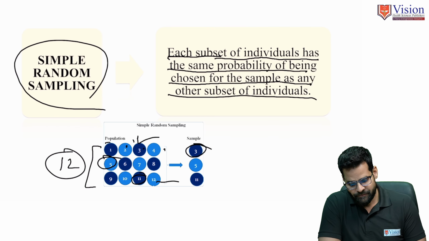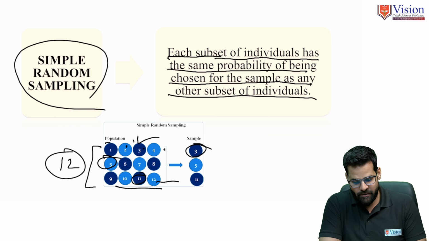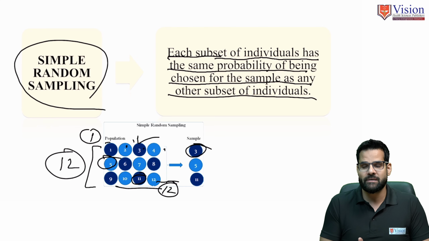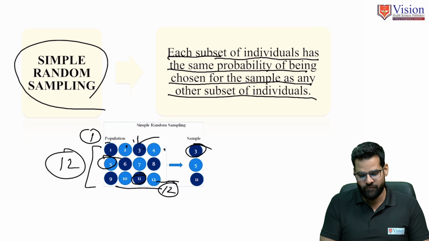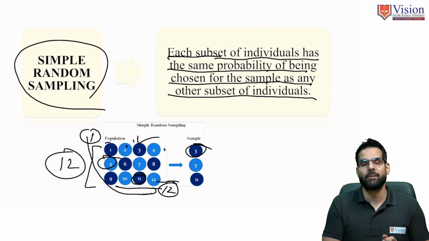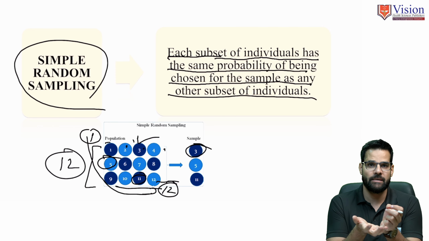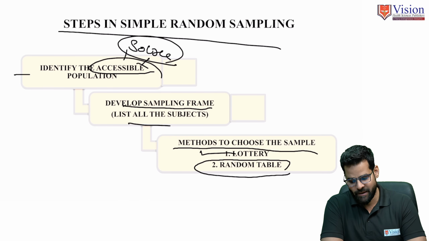For example, if these 12 people are there and I put my starting number as 1 and my end point as 12, and I just want to get 3 people from this, the software will automatically give me 3 numbers, and the subject who is assigned that particular number will become my sample. So that can be done.